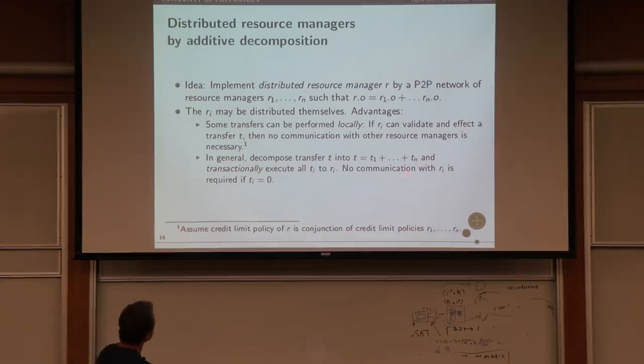So in general, what we can do is, for any given transfer T, look for a useful decomposition into T1 plus through Tn, and then submit T1 to R1 and Tn to Rn, and ask them all to validate these resource transfers.